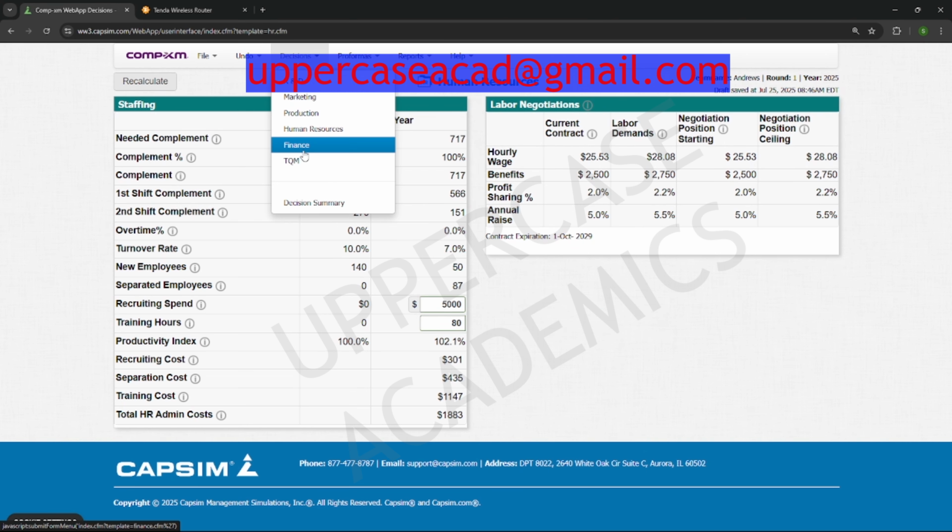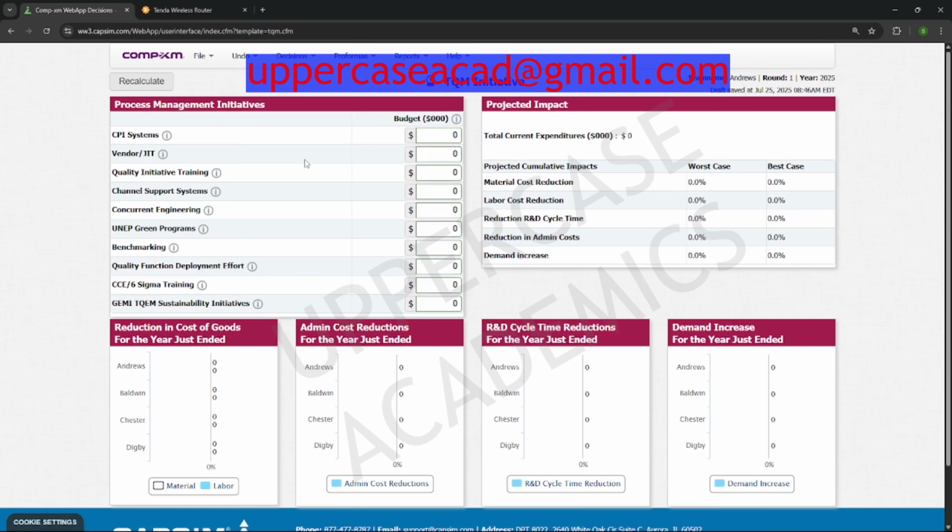Next, we'll go to TQM, and here is where we invest in initiatives that aim at reducing our cost and also increasing the demand. If I want to lower my material cost, I'll invest 1,000 here. Also material and administration cost, I'll lower it. I'll invest 1,000. The quality initiative training aims at reducing my labor cost.